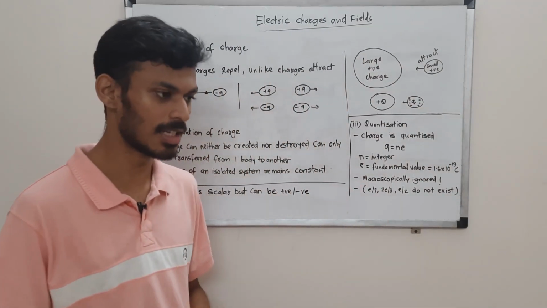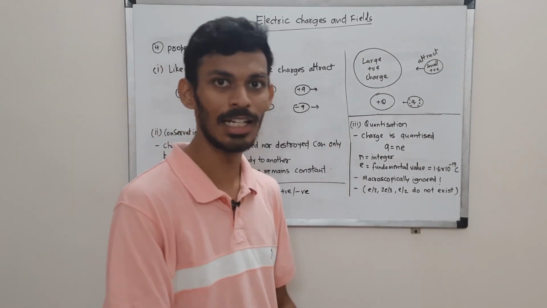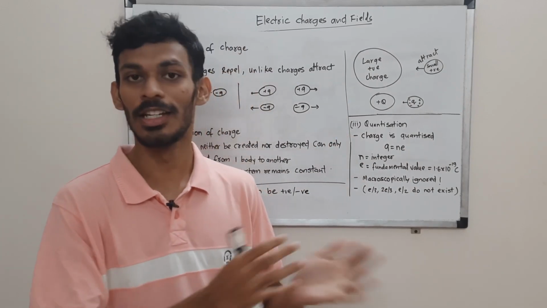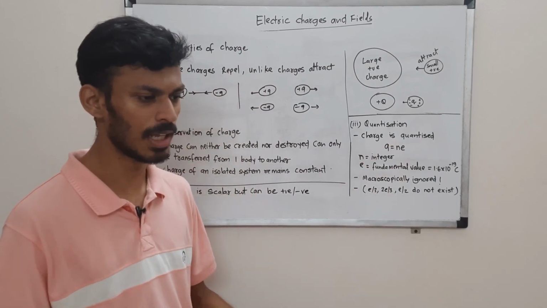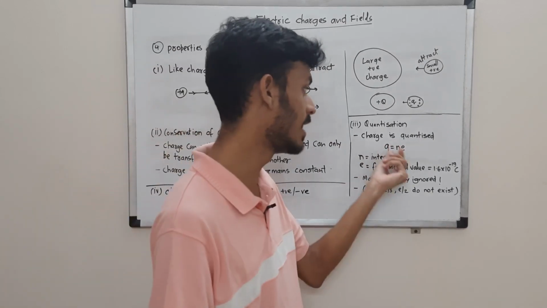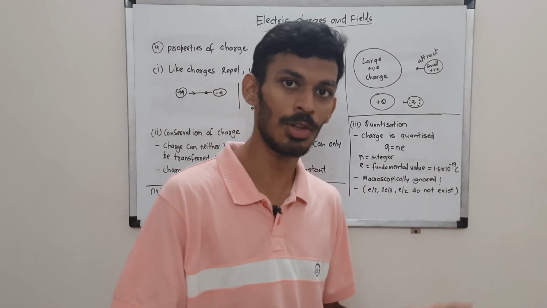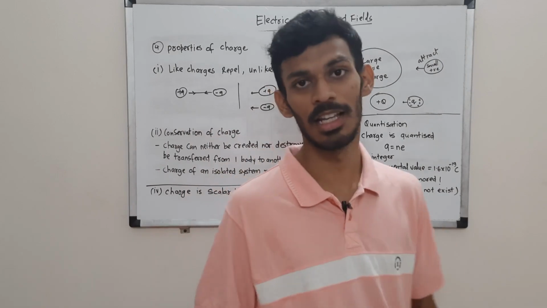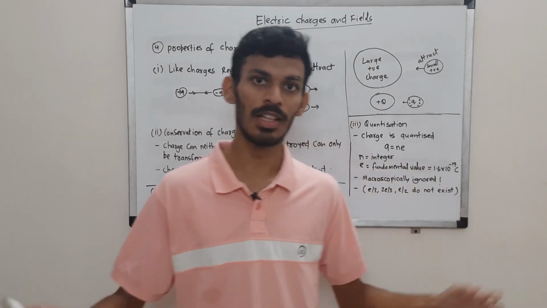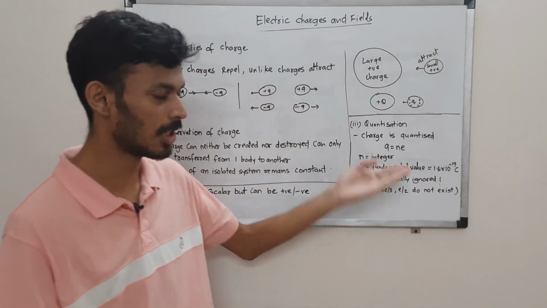Naturally, n should be an integer, and every charge you see in nature is of this form. But macroscopically, we ignore that fact, since n is so large. So in practical cases where we have large charges, we ignore this fact, although it is true in nature.